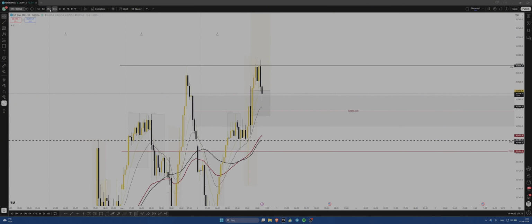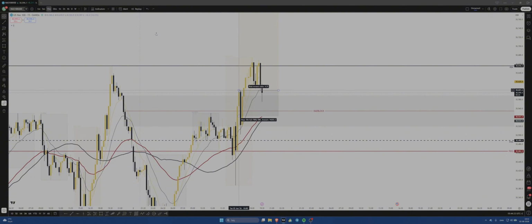Actually, let me look here because it looks kind of weird in TradingView, because my broker's and Oanda's number ranges don't match. So my entry on my chart was down here somewhere, and my stop loss would have been below this candle here.